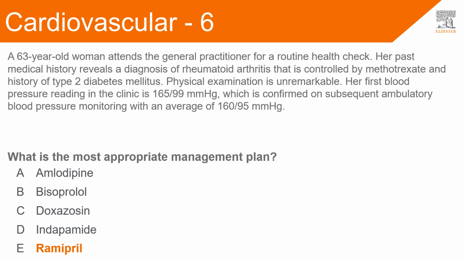So this patient has got stage 2 hypertension, okay? Stage 2 hypertension is characterized by blood pressure beyond 160 systolic or 100 millimeters diastolic, or a subsequent daily ambulatory blood pressure monitor of greater than 150 over 95. In which case, you need to start medication on top of lifestyle changes, okay?